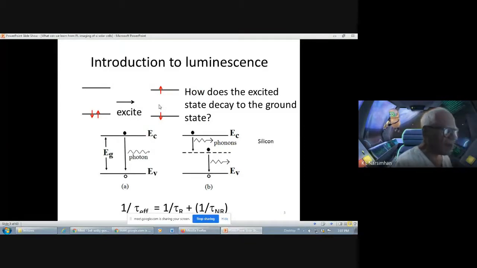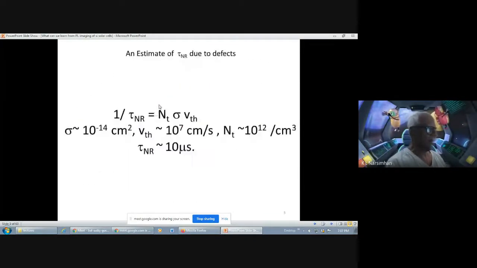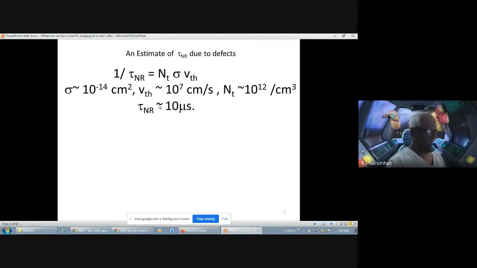Okay, so now we ask, since we had said that in solids the primary non-radiative recombination will happen because you have traps, we can make a simple estimate of what the non-radiative lifetime is like. So, if you had n traps with a cross-section sigma, and if the thermal velocity is v, then 1 by tau nr, that is the rate constant, is proportional to the product nt times sigma times vth.